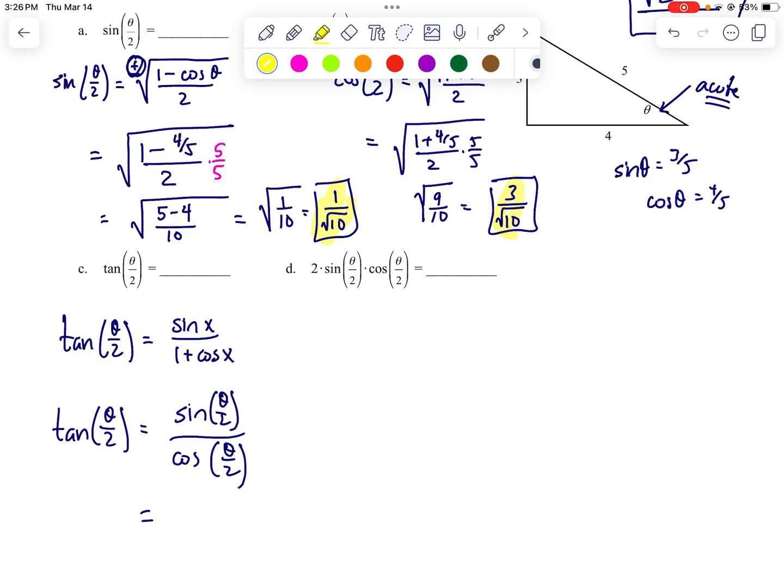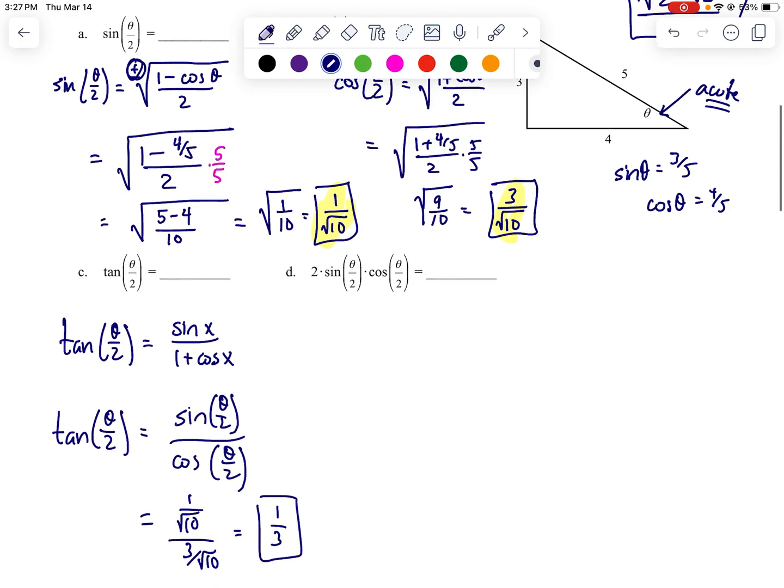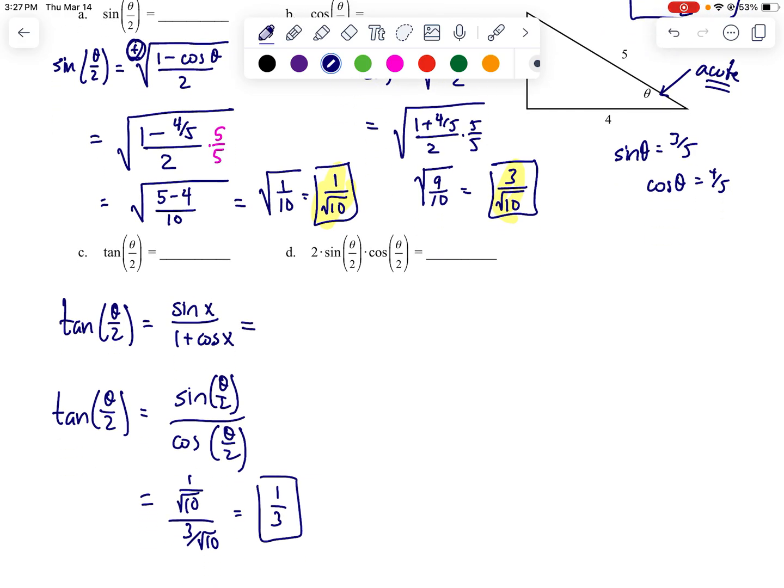So another way to do this is we can just say, let's put the sine, which was 1 over radical 10, all over the cosine, which is 3 over radical 10, and I just get 1/3. So that's a quicker way to do it, right? But another way is to come up here and use what we know.